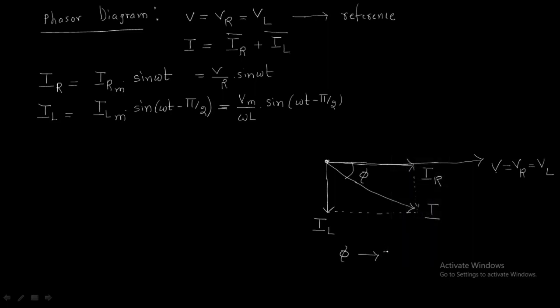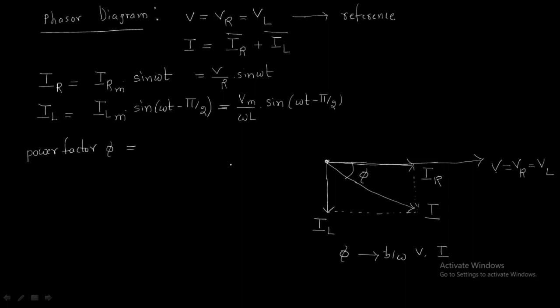Voltage and current, V and I, give the supply voltage and supply current. We can find out the phase angle here, and from that phase angle we can find out the power factor angle.